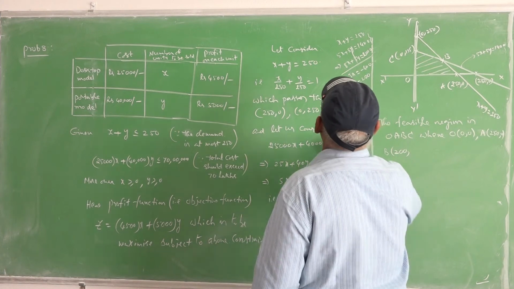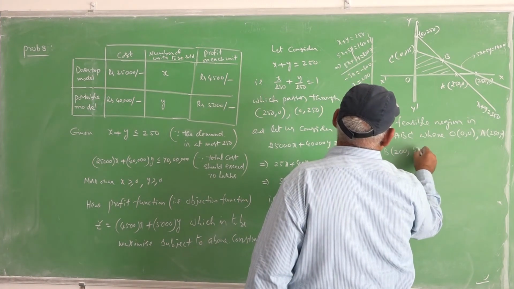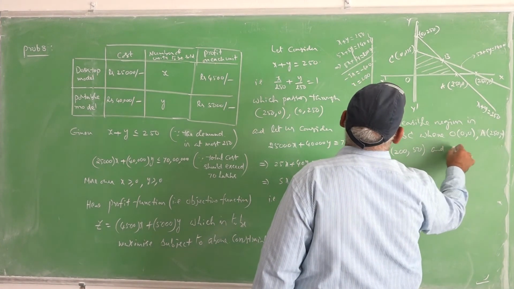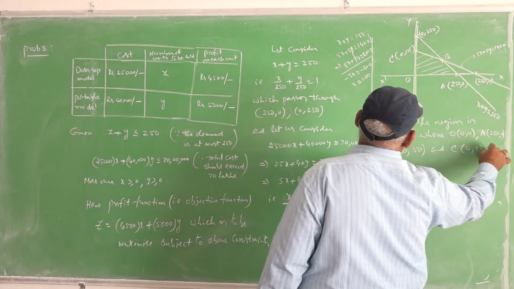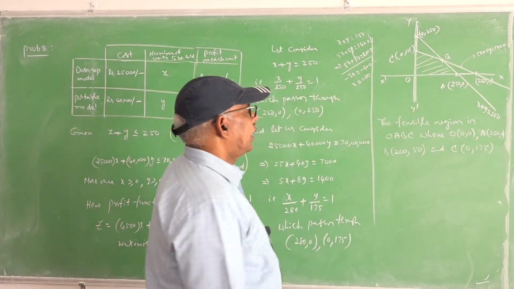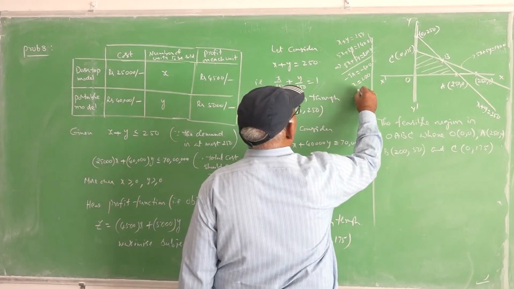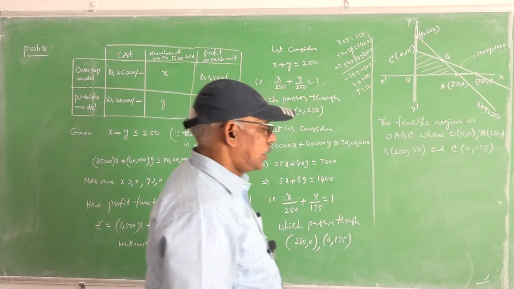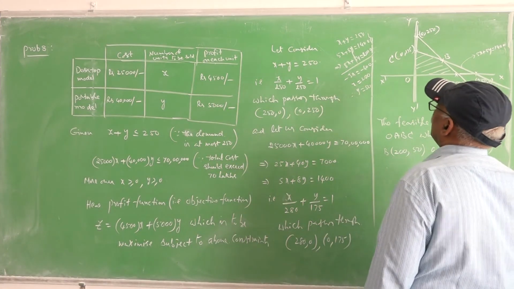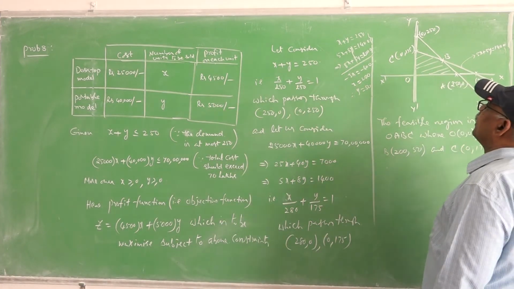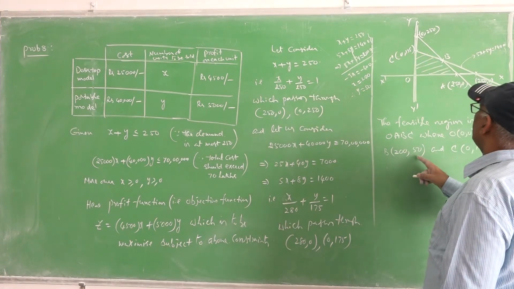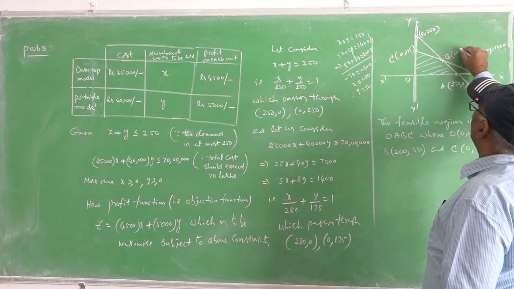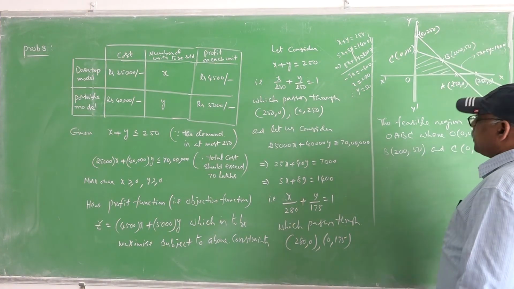Once x is 200, y is 50. Solving the lines, we get B as 200 comma 50.